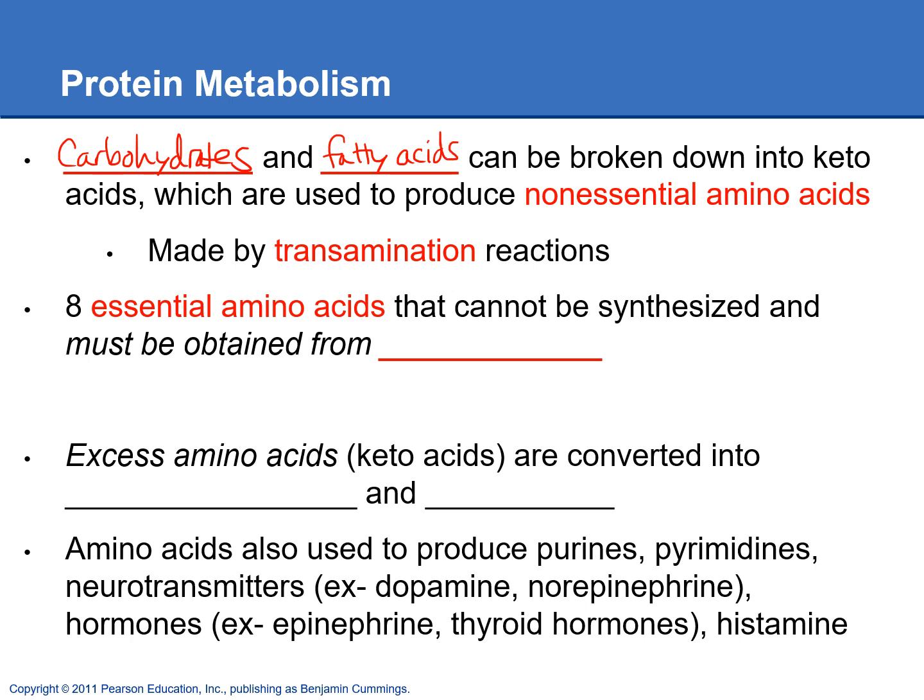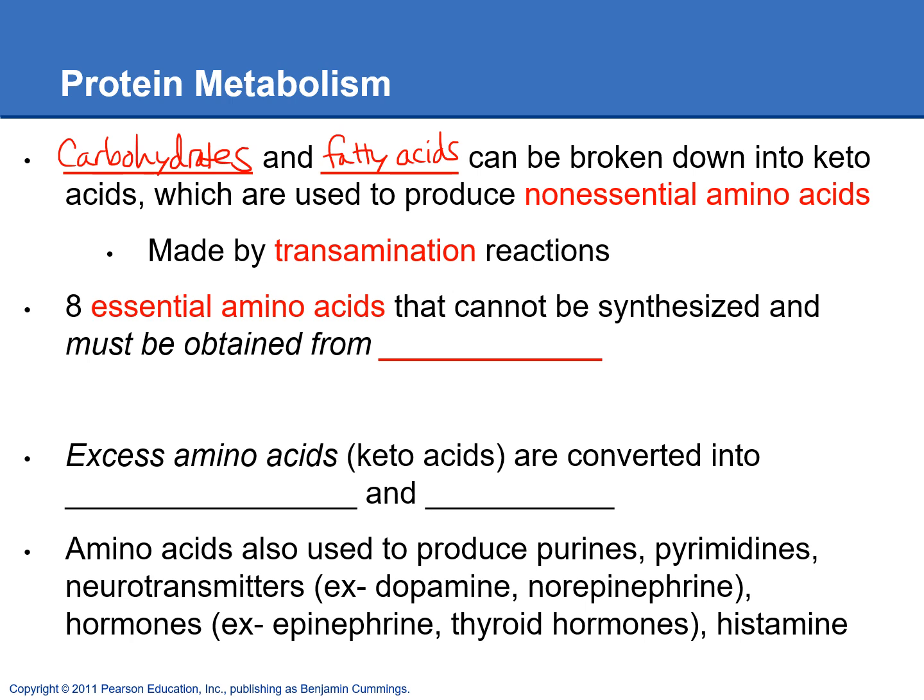Both of those can be broken down into keto acids, which remember, you don't have to memorize keto acids, but just remember that carbohydrates and fatty acids, we can actually use those to produce these non-essential amino acids. So these are just amino acids that our cells can make on their own. You don't have to actually get them from your diet. And how we make these non-essential amino acids is by those transamination reactions.